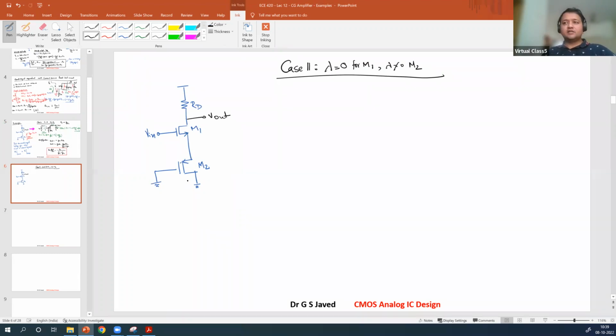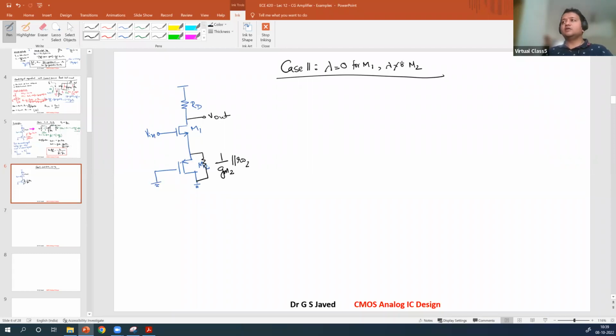In such a case, what will M2 become? M2 will show a degenerative impedance, and that degenerative impedance is given as 1 over GM2. That is already there, and because of the channel length modulation, you will have a parallel RO2. So this will be the effective resistance that comes over here, the source load, 1 over GM2 in parallel with RO2.